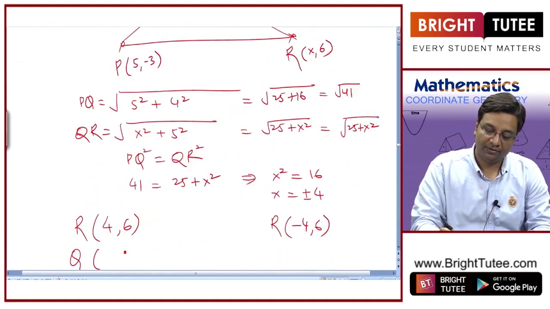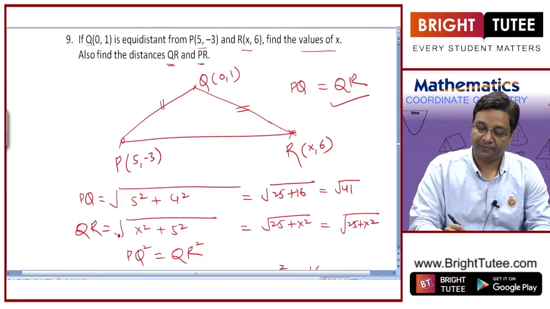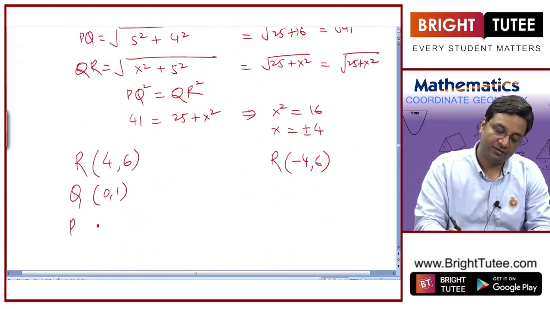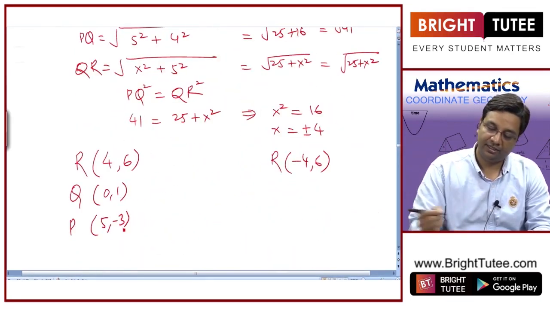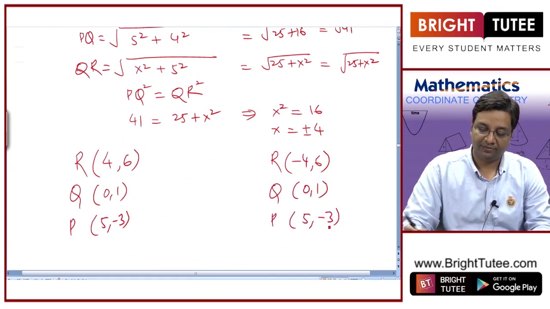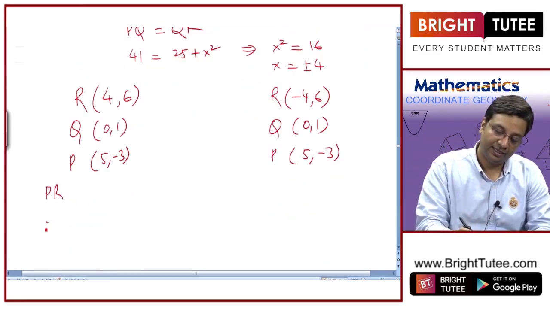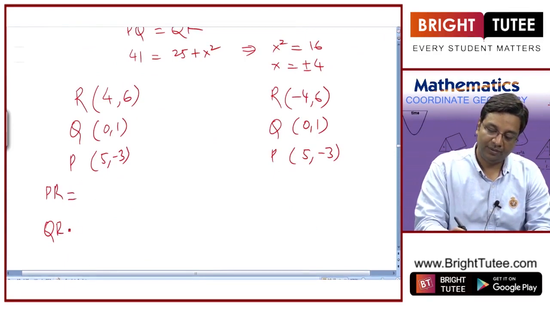Q is 0 comma 1, and P is 5 comma minus 3. So PR and QR.